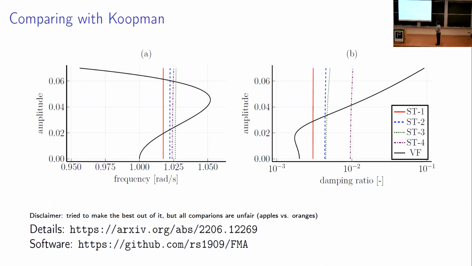And this is why the Koopman mode, even if you correct for all the distortions in the mapping of this observable, still only calculates the average of the frequency and somehow the average of the damping. So it's not quite right. I mean, you know, as with everything, I try to make the best out of it, but all comparisons are unfair, apples and oranges and all that stuff. So with a pinch of salt.